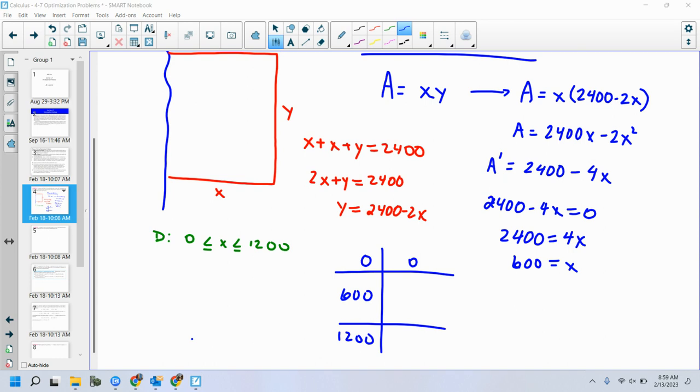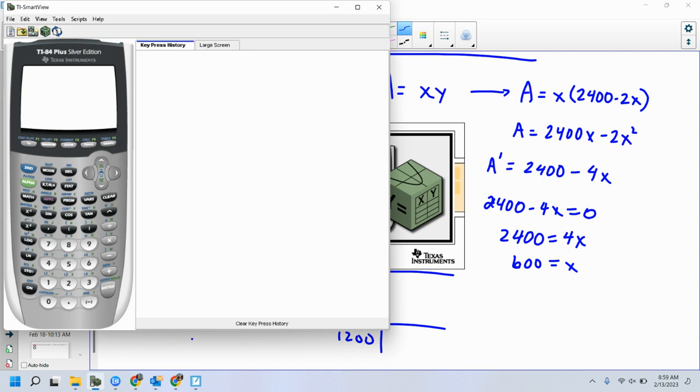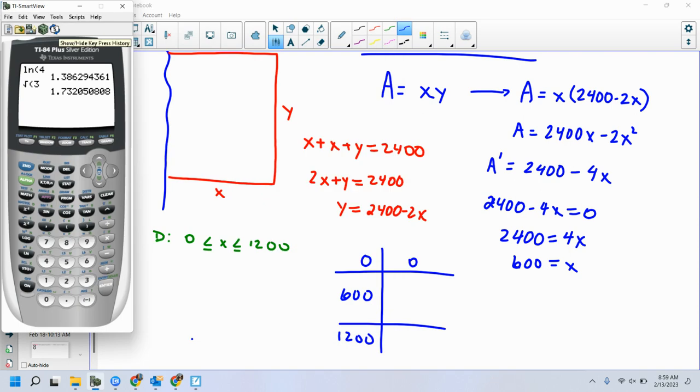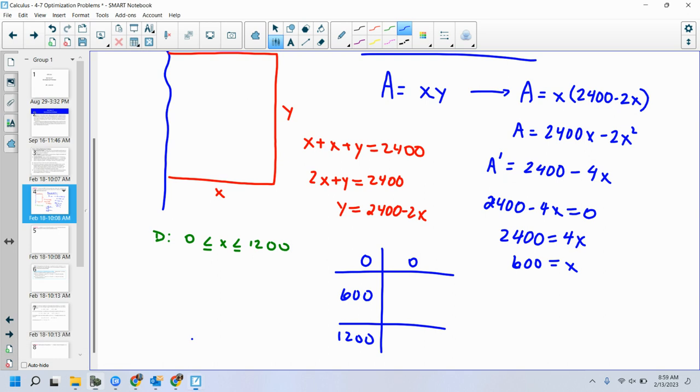And if I go 1,200, that's going to be 2,400 times 1,200 minus 2 times 1,200 squared. 0. Which makes sense. If my x value is 1,200, what would my y value be? 0. 1,200 times 0 is 0. So it's got to be 600 in there.